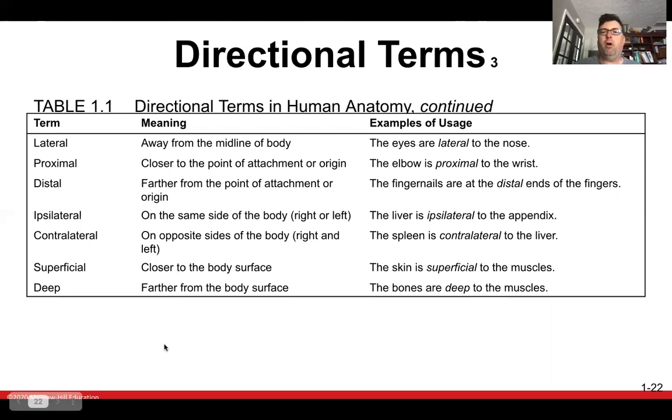I'm not going to go through all of these, but I do want you to be familiar with all of these, and we're going to practice them during the unit so that you become comfortable with their use. So the terms are lateral, proximal, distal, ipsilateral, contralateral, superficial, and deep. These are all used to relatively describe the position of one structure to another.